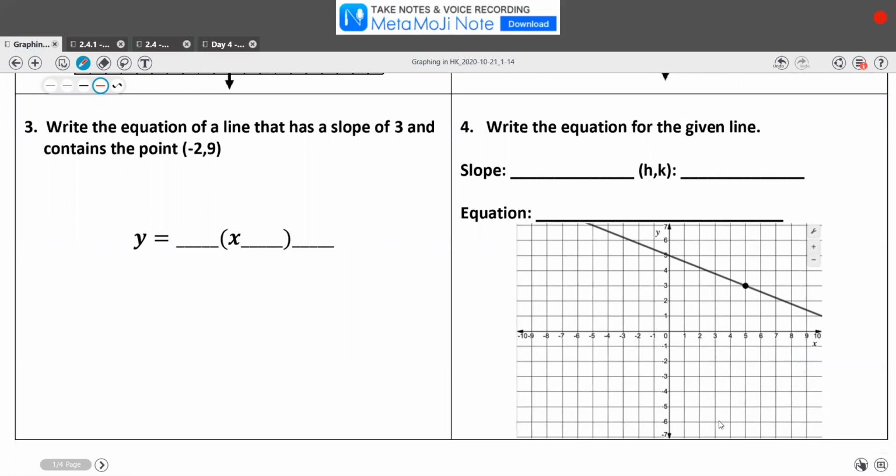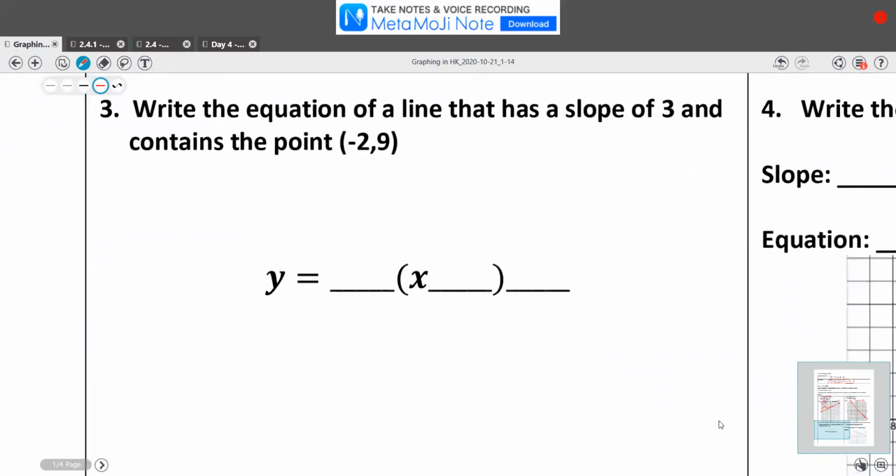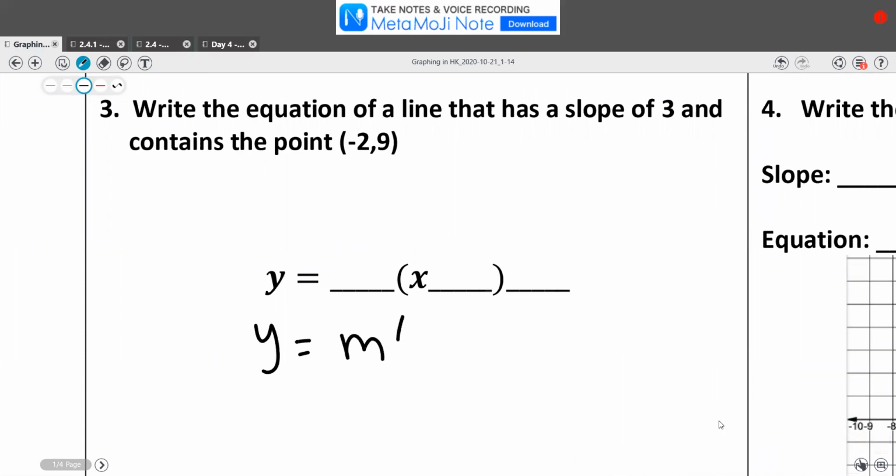Okay, all right, so number 3, we're going to write an equation of a line that has a slope of 3 and contains the point -2, 9. If we remember, in HK, it's given in the form of y equals m(x minus h) plus k.